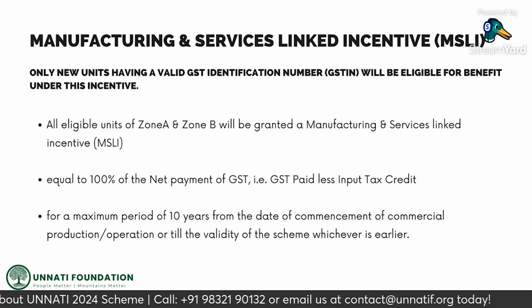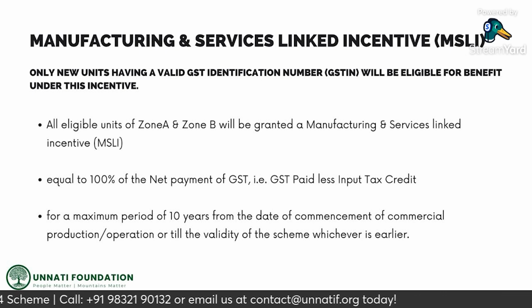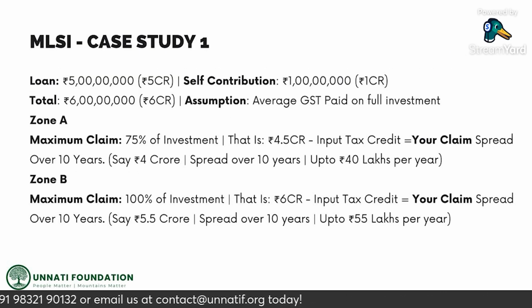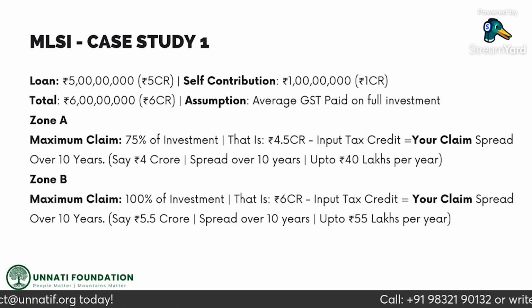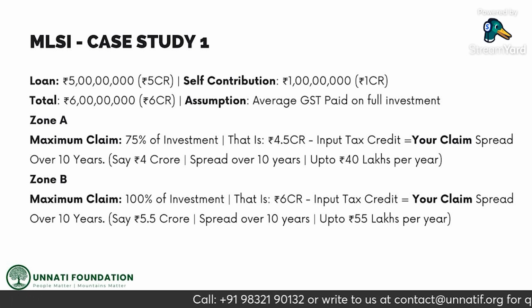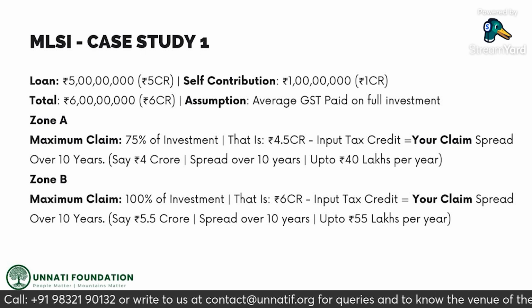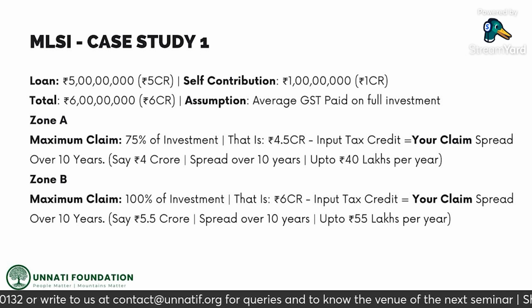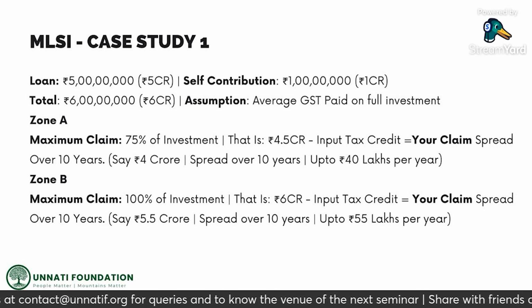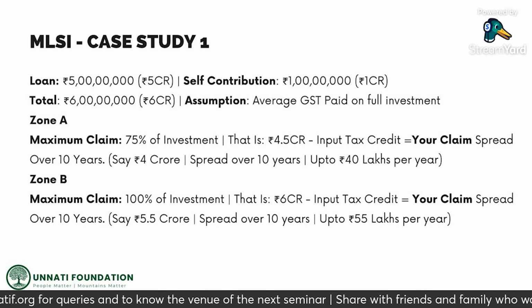Let us look at case studies. In this case, total project cost is 6 crore. Maximum claim for zone A, 75%, is 4.5 crore minus the input tax credit. Let us say that comes to 4 crore. Spread over 10 years, it comes to 40 lakhs a year.